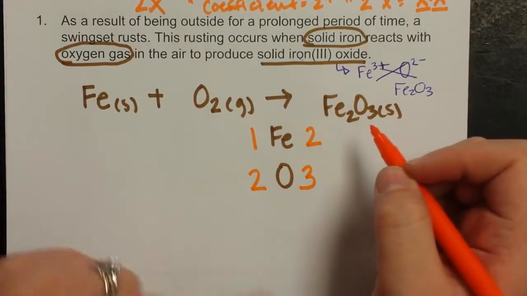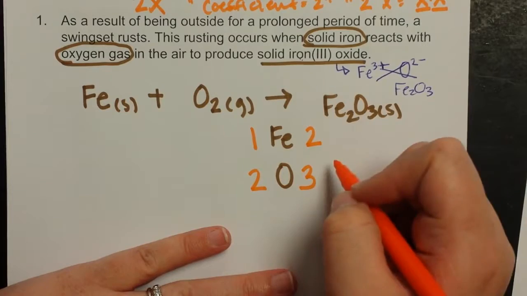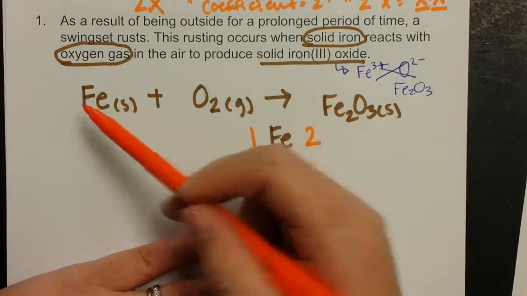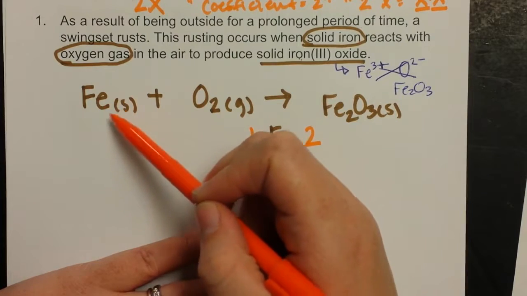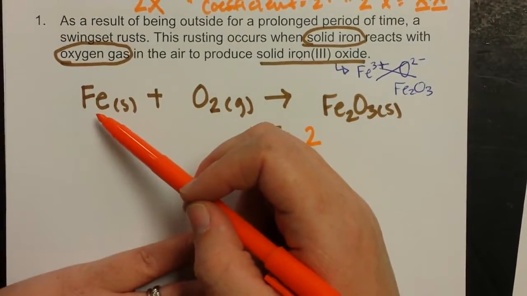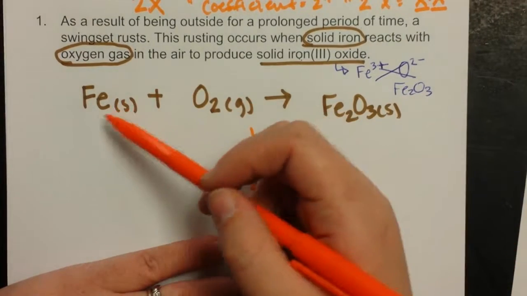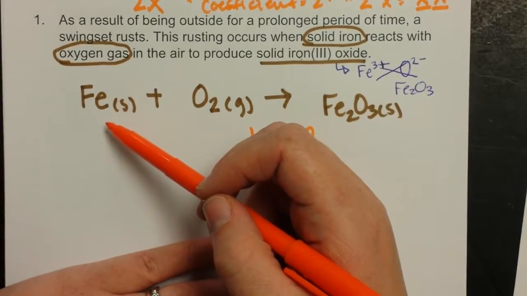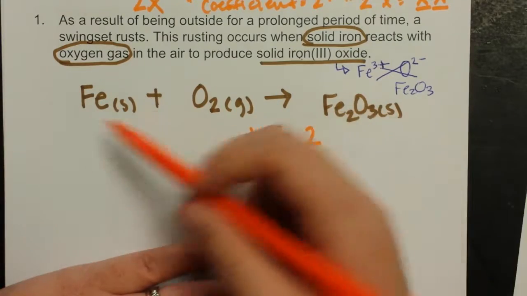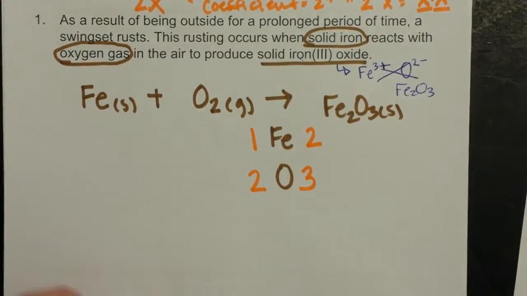You can kind of choose your battle, see which one you want to deal with first. I will generally save, see how iron is all by itself and there's no subscript or anything, it's just 1 iron. I know I can make that equal any number I need to at the very end, just because it doesn't affect anything else. So I generally will save these kinds of elements for last.